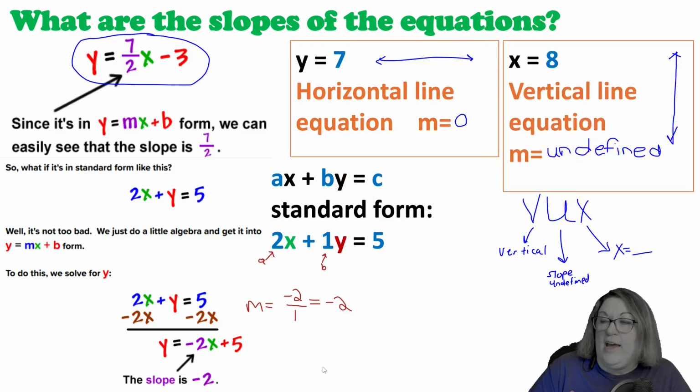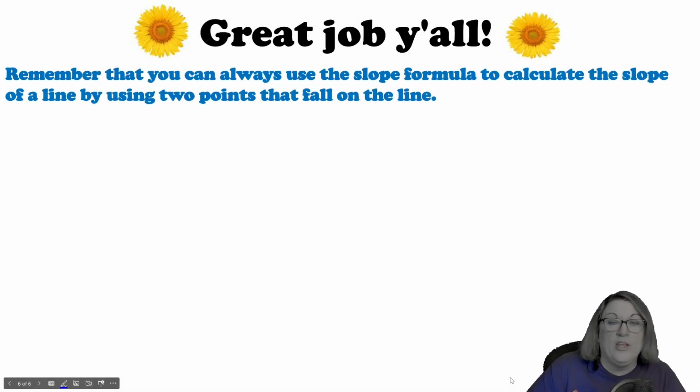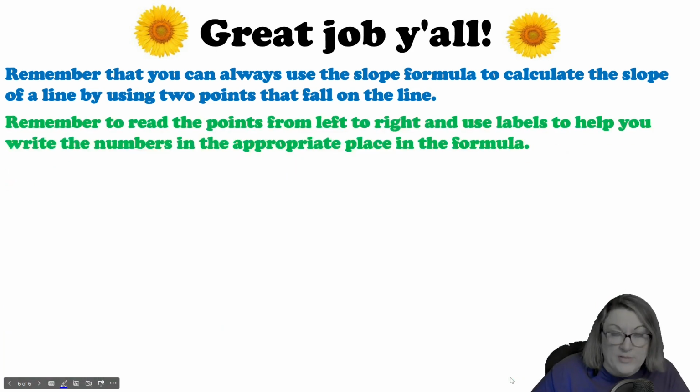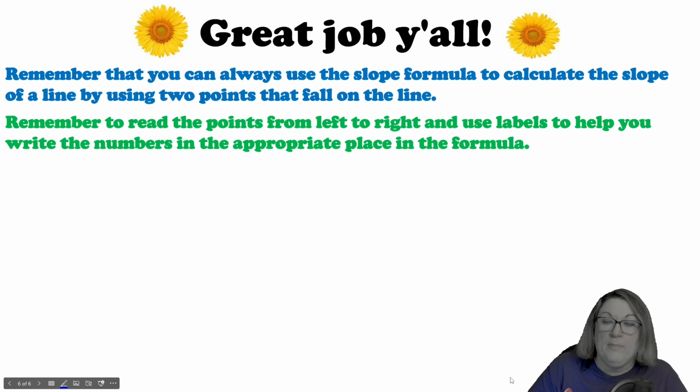All right. Great job, y'all. So remember that you can always use the slope formula to calculate the slope of a line by using 2 points that fall on the line. Use 2 exact points. That means they have to be on the line and be in a corner of one of those grid squares. Remember to read the points from left to right and use labels to help you write the numbers in the appropriate place in the formula.